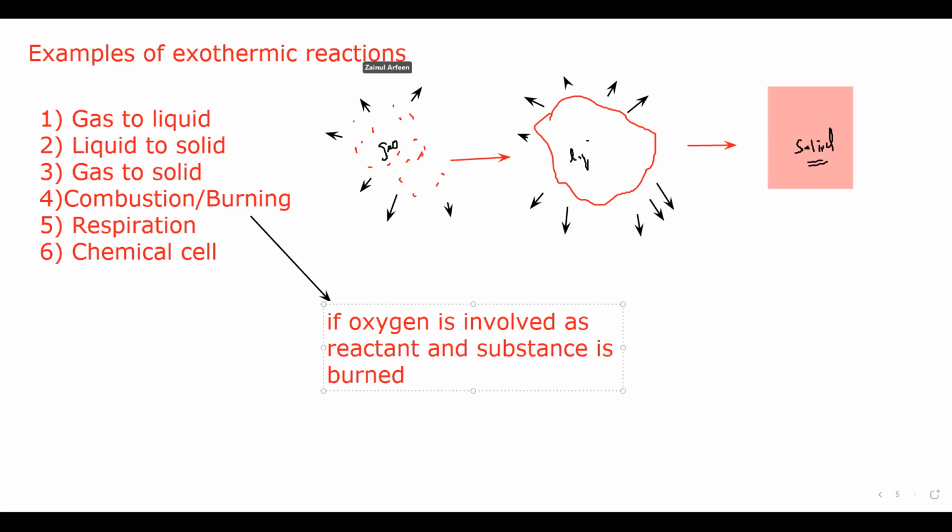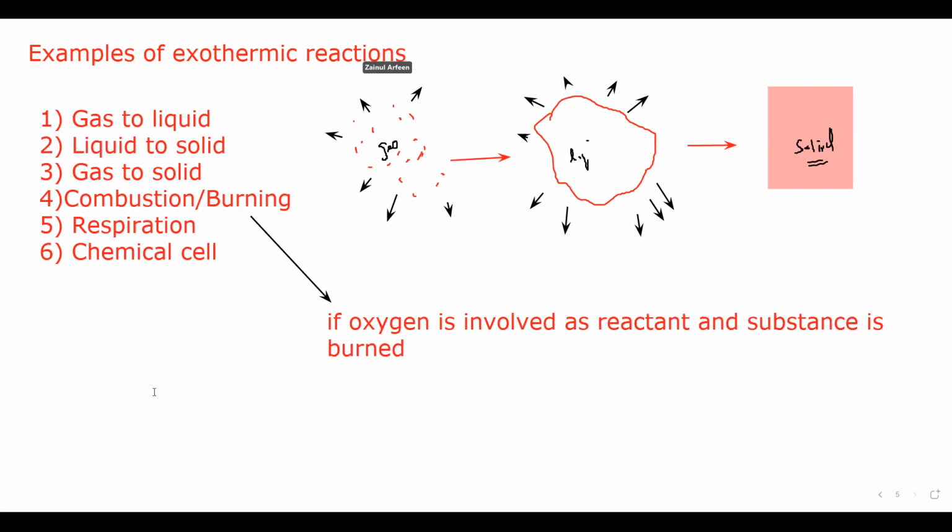So in all the examples which include oxygen as a reactant, say we have coal, it reacts with oxygen to give carbon dioxide. So coal reacted with oxygen to give carbon dioxide.